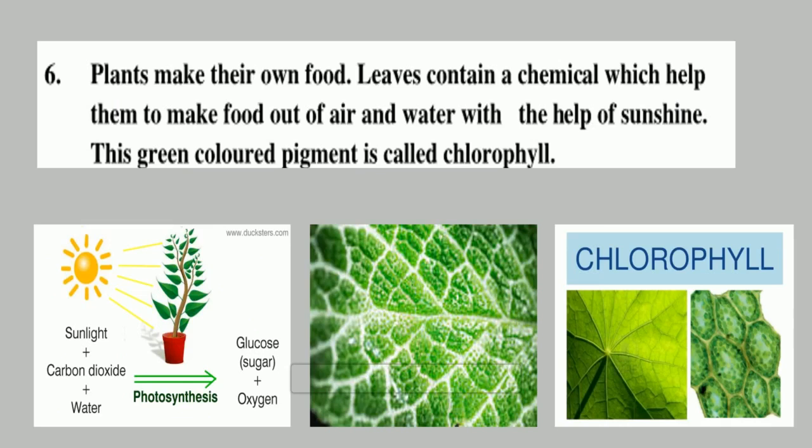Leaves contain a chemical which helps them to make food out of air and water with the help of sunshine. This green colored pigment is called chlorophyll. You can see because of the green pigment, the color of the leaf is green. Plants make their food with air, water and the help of sunshine, and that is called photosynthesis.